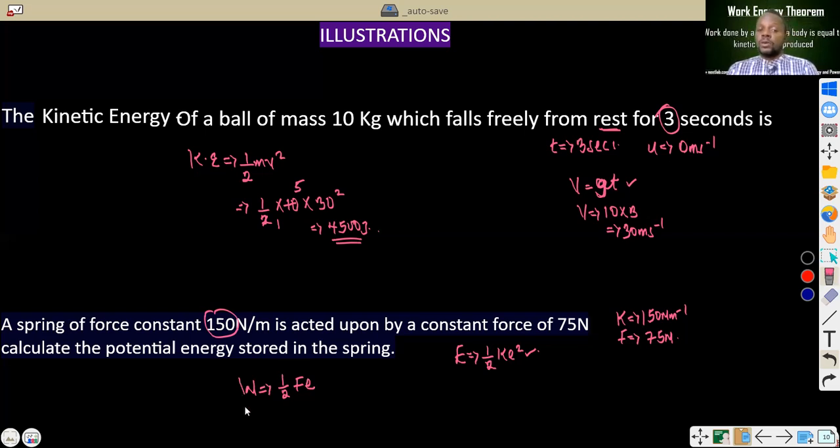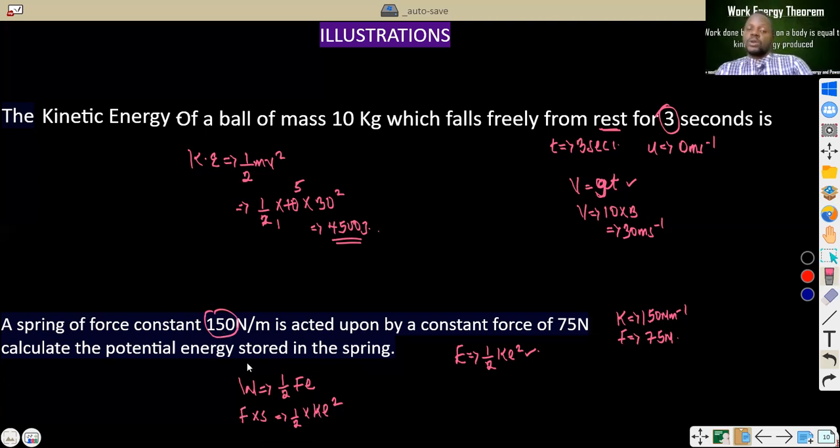The formula for force times displacement is also equal to half times F, or you say Ke squared, which I think is even better here for the sake of the question. So what we do here is just to substitute the parameters.